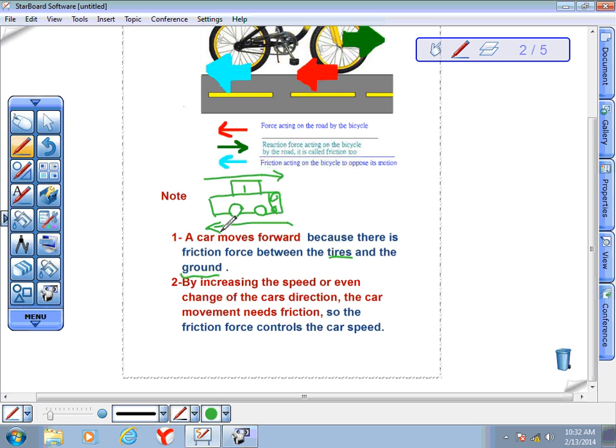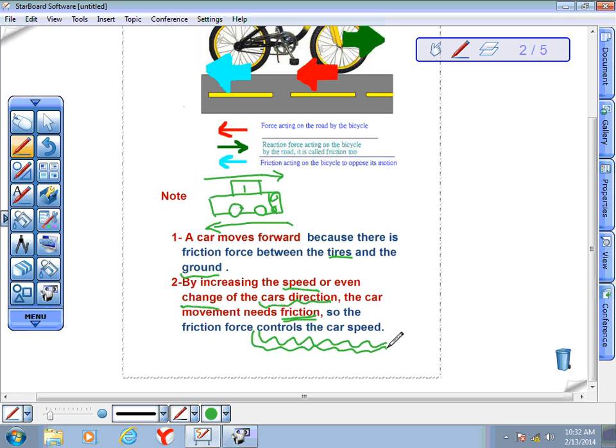And when increasing the speed or even changing the car's direction, the car's movement needs friction force. So the friction force controls the car speed. It is a great benefit of the friction force that it controls the car speed, so it protects us from accidents.